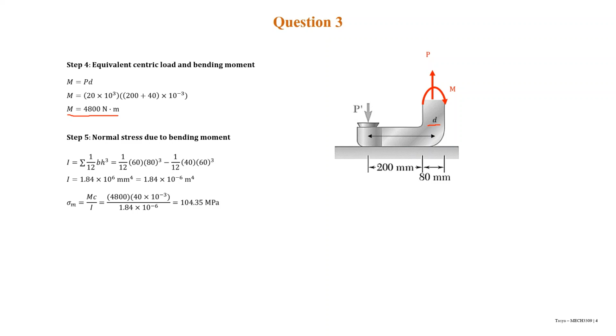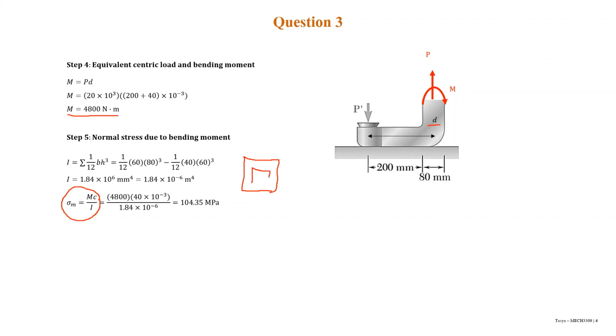The fifth step is we have to find the normal stress due to the bending moment. The formula is sigma M is equal to MC over I, but we haven't known the I, so we need to find it here. The I is the sum of 1 over 12 b h to the power of 3. Why sum? Because the figure is like this, right? Assume it's a hollow rectangle.